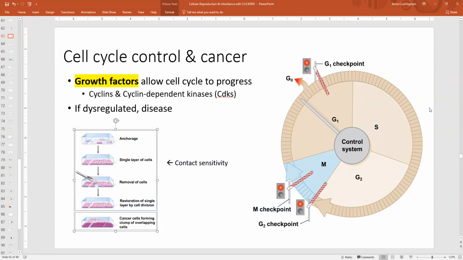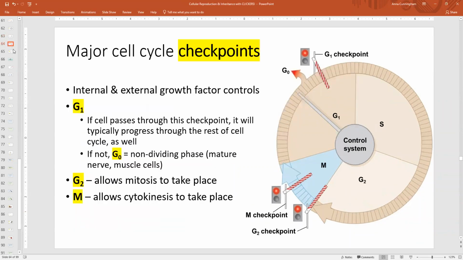Okay, all right. So we're talking about regulating whether we go through cell division or not. So again, one way is that if a cell contacts a cell next to it, it won't continue growing. However, we also have to talk about how cells can be regulated by other external signals. So that's what we're talking about when we talk about checkpoints.